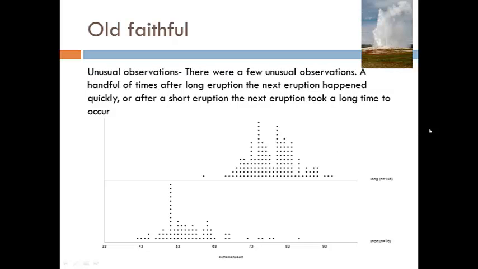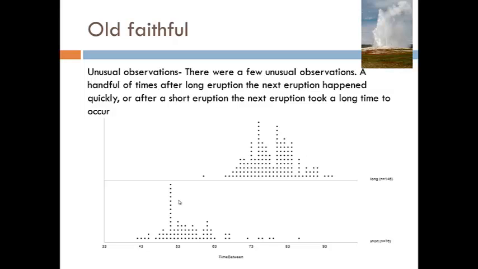The last thing we're going to talk about are unusual observations. There were a few unusual observations. One time, down here at the low end, we see this one observation. What this means is after a fairly long eruption, there was one time where it was pretty quick before the next one, only about 1 hour.